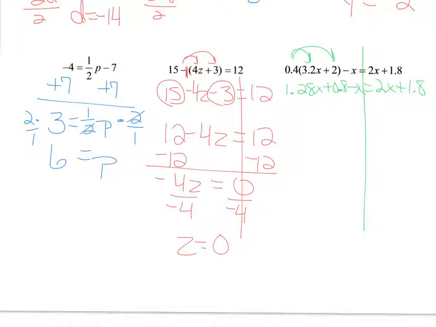Alright, now over here, I think I'm going to switch to blue. That green's hard to see. I see 1.28x minus, there's a 1 there, right? So 1.28 minus 1 is 0.28x. And I'm going to copy the plus 0.8.